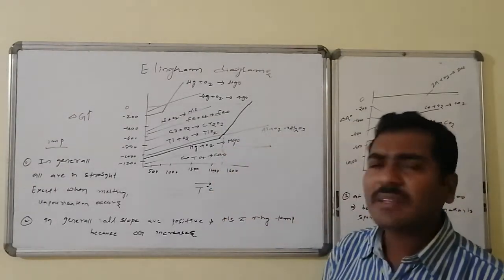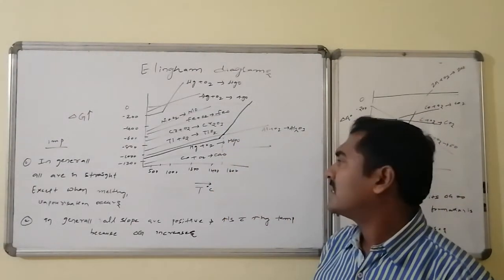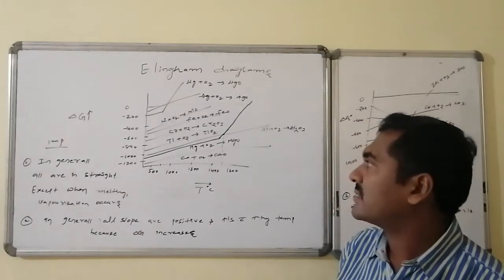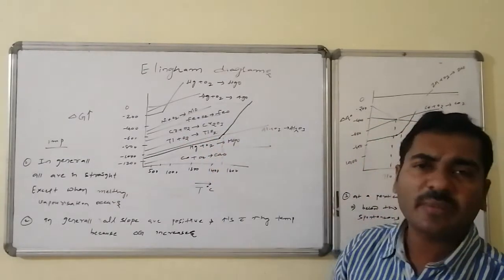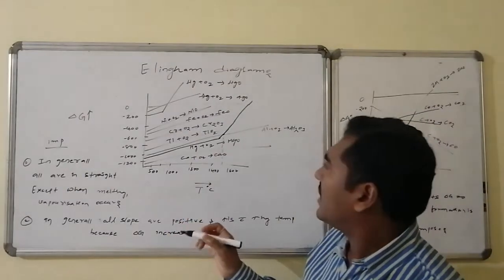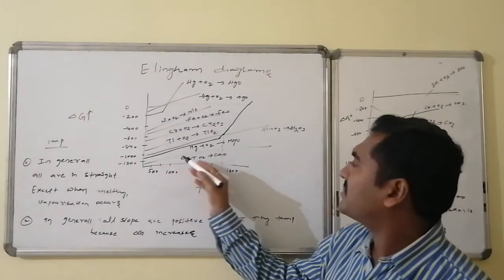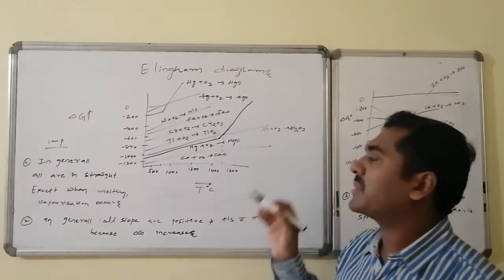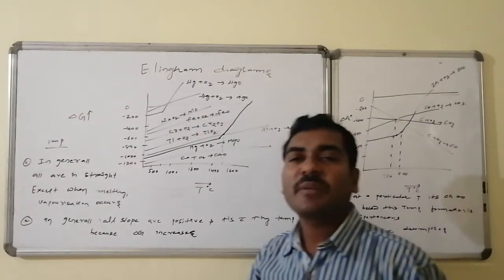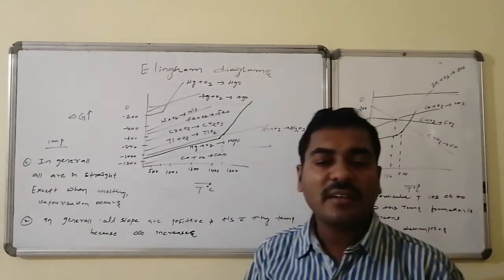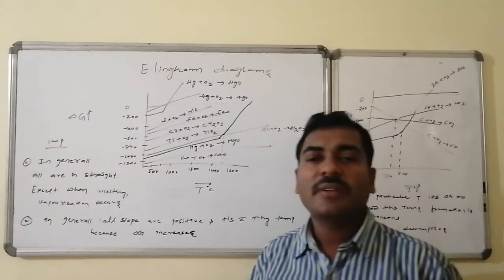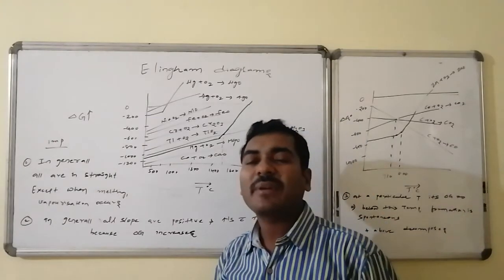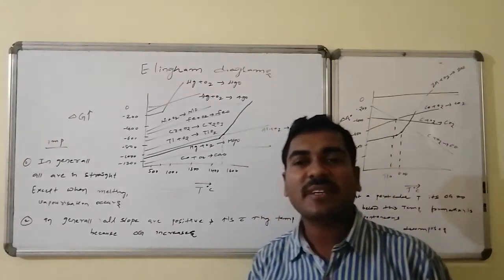In general all the slopes are positive, that is, delta G also increases with increasing temperature. Suppose you take the metal oxide formation of calcium. The slope goes on increasing with temperature because the delta G value also goes on increasing, since the heat capacities of the substances generally increase.